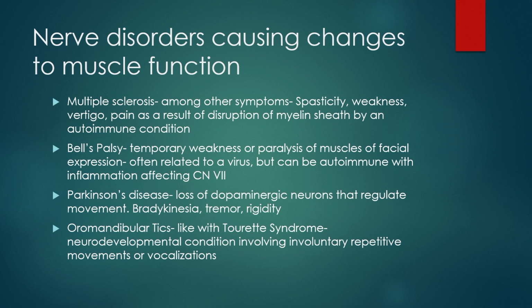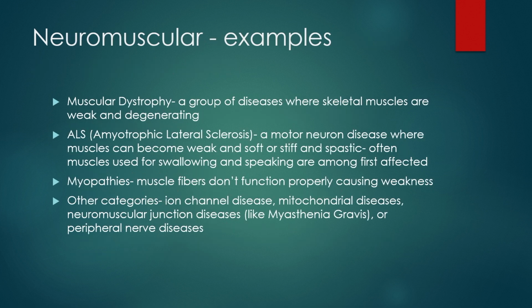And then there can be tics, especially those involved with Tourette syndrome. So repetitive movements. Other types of neuromuscular examples are muscular dystrophy, ALS, and then there can be myopathies or muscle fibers that aren't functioning properly. You can also have neuromuscular junction disease like myasthenia gravis or other types of peripheral nerve disorders.